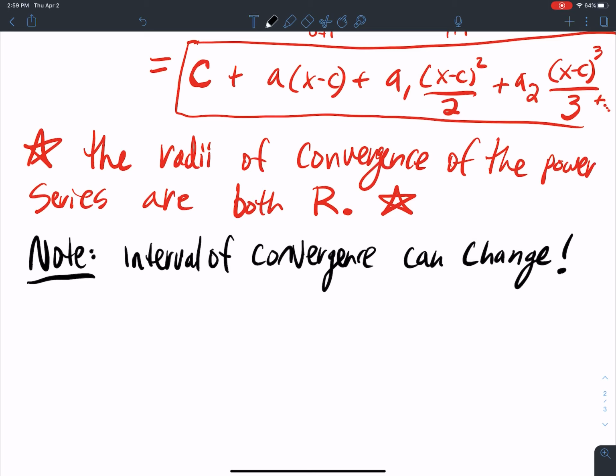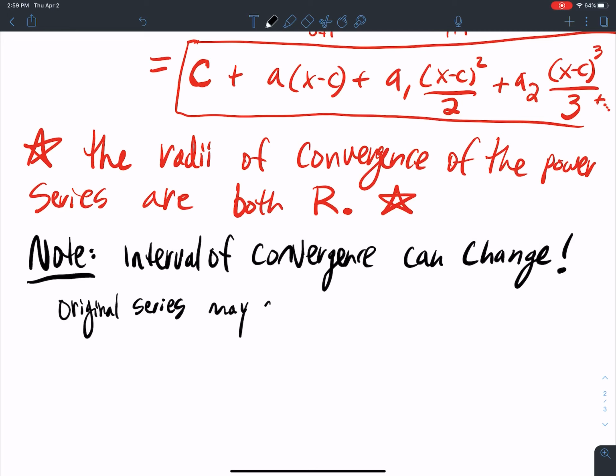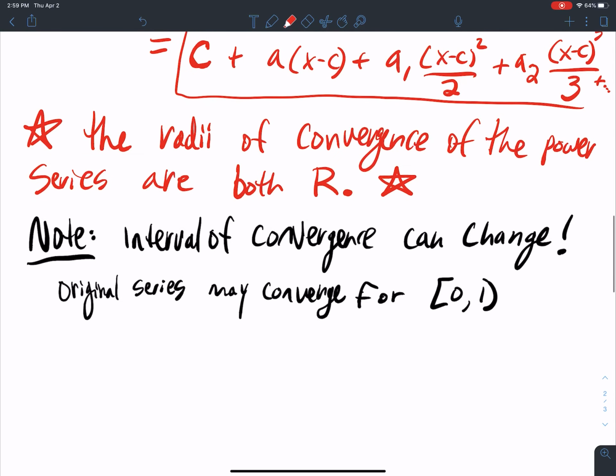When you take the derivative of that power series, all of a sudden you might lose your ability to count the endpoint in your interval of convergence. So for example, the original series may converge for, including 0 up to 1, open parentheses.